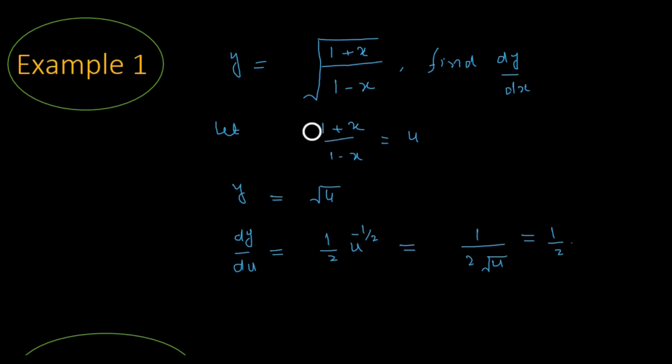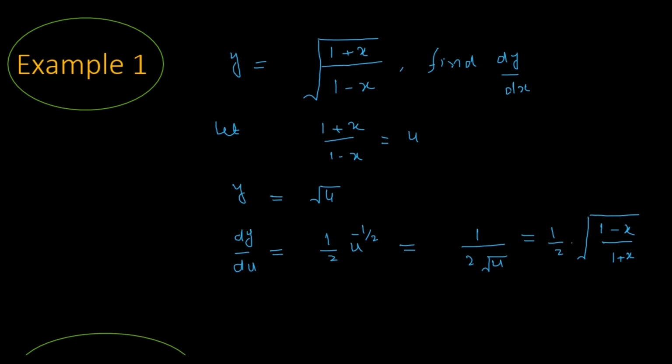The value of u is (1 plus x) over (1 minus x), and when we put this value in the denominator, 1 minus x is written on the numerator and 1 plus x in the denominator, because the square root of u is in the denominator. This is dy by du.